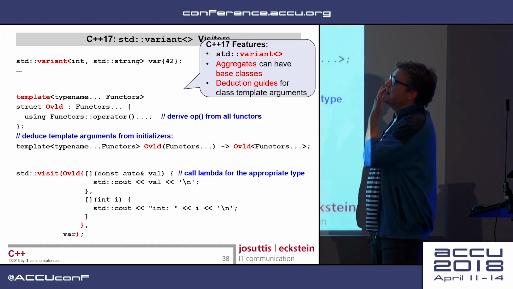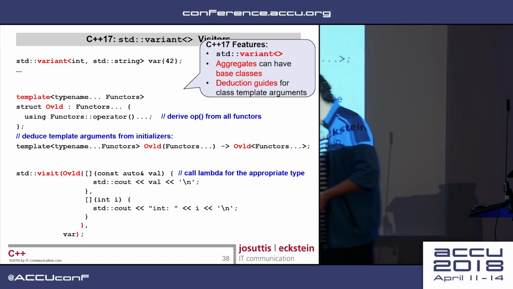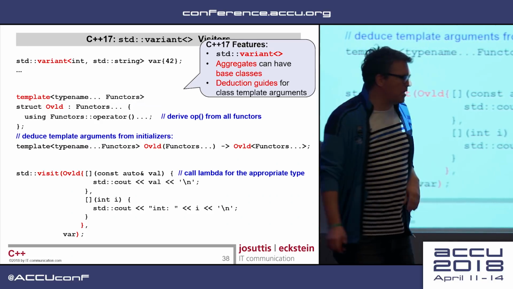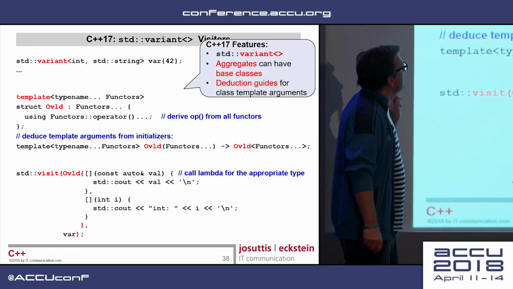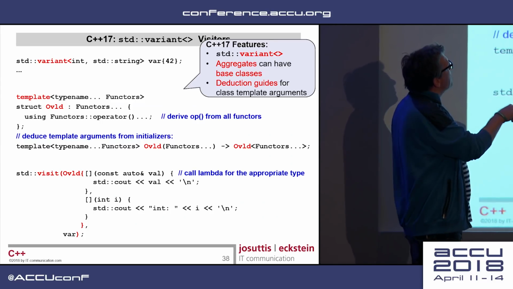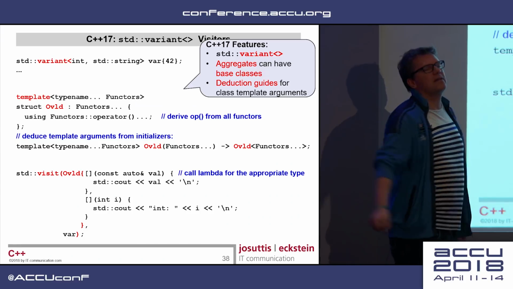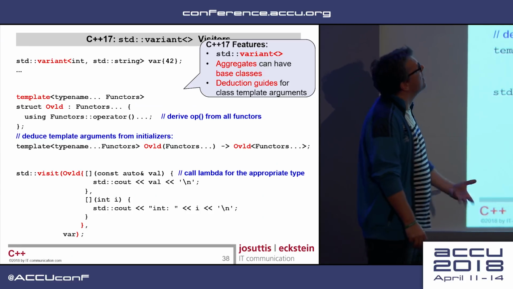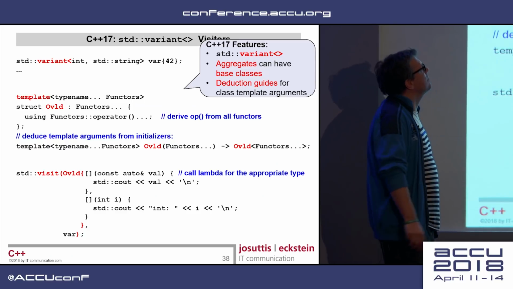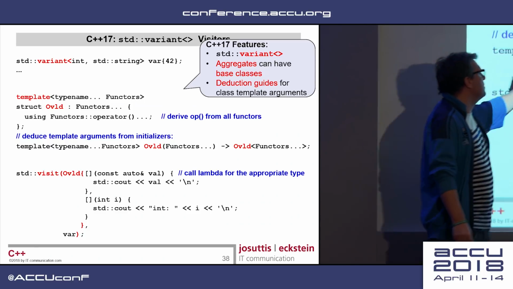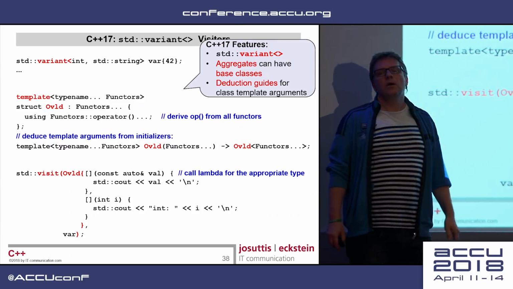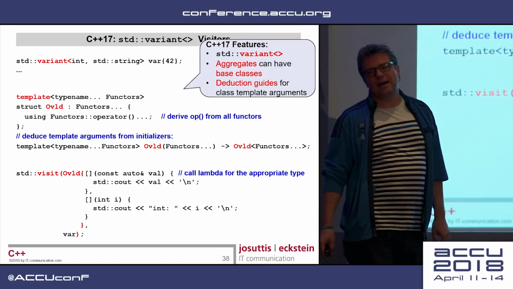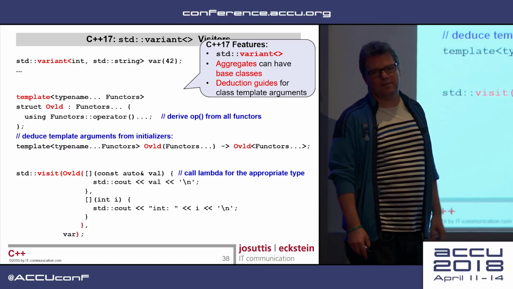So we combine the C++17 feature variant with a couple of new features. One is in C++17, aggregates that have base classes are still aggregates. Otherwise this would not work. We would have to write a more complicated constructor here, but we don't. We use here aggregate initialization, which passes these arguments to the base classes in the order of their classes.